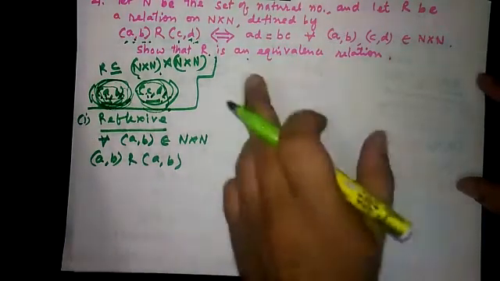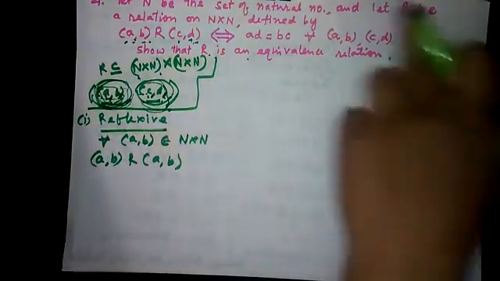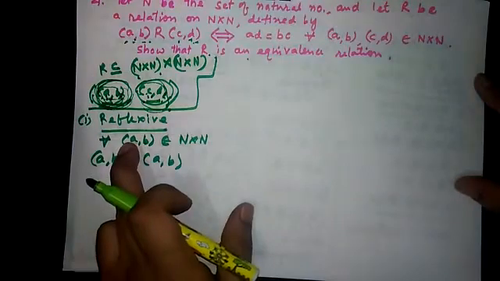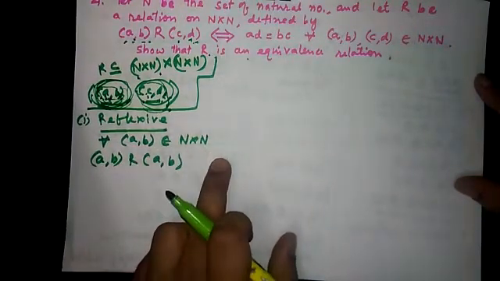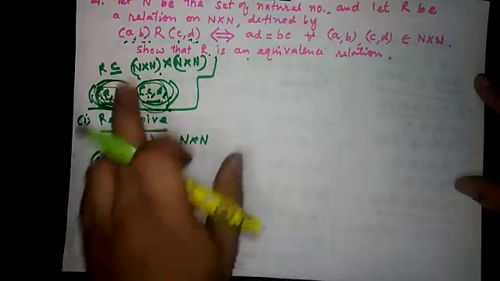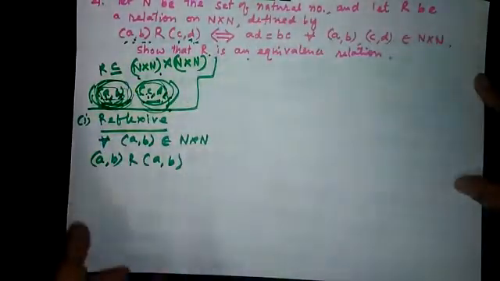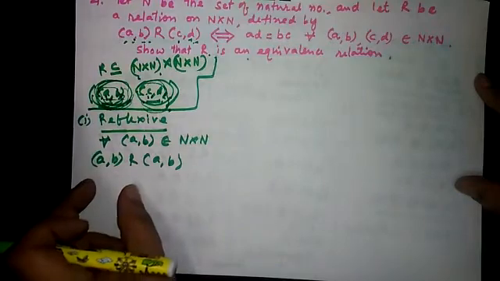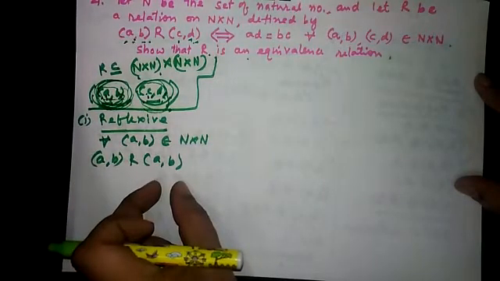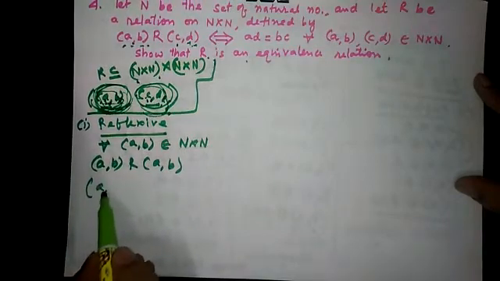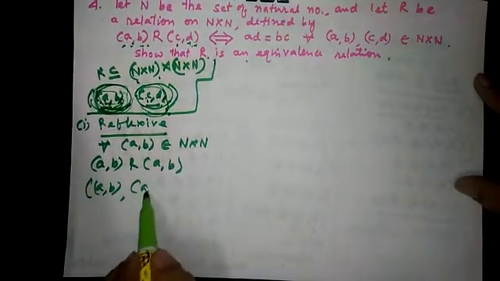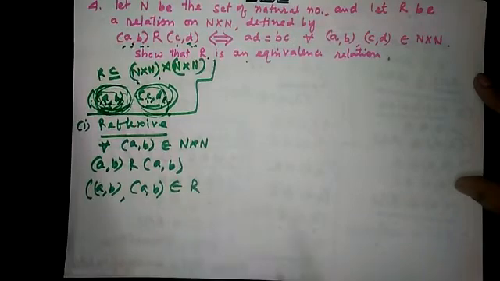Earlier when R was a relation on N, we used to define reflexive as A related to A, meaning the ordered pair (A,A) belongs to R. Now here, since R is defined on N cross N, I have to prove that ordered pair AB is related to ordered pair AB, meaning (AB, AB) belongs to R. Correct?